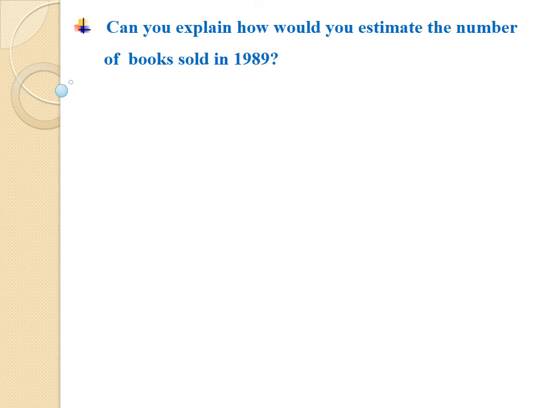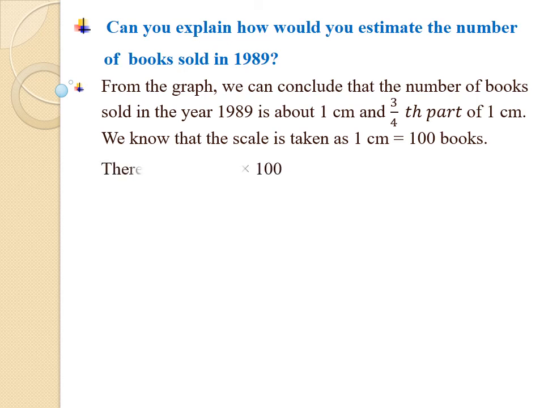We know that the scale is taken as 1 centimeter equals to 100 books. Therefore, 100 plus 3/4 into 100 equals 100 plus 75 equals 175. So, about 175 books were sold in the year 1989.